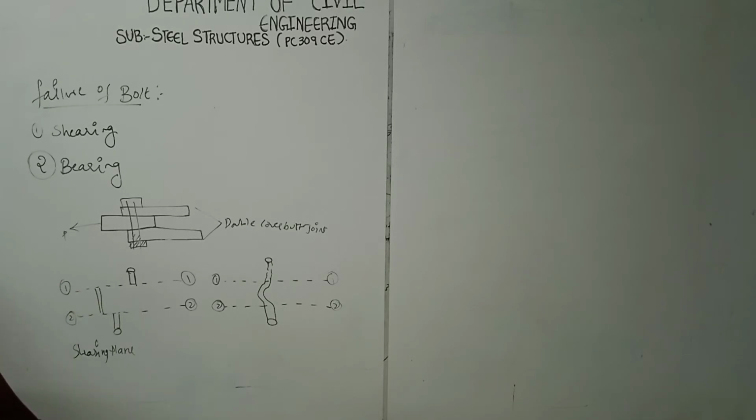Actually in bearing failure, what happened? The cross section of the bolt changes from circular to elliptical.